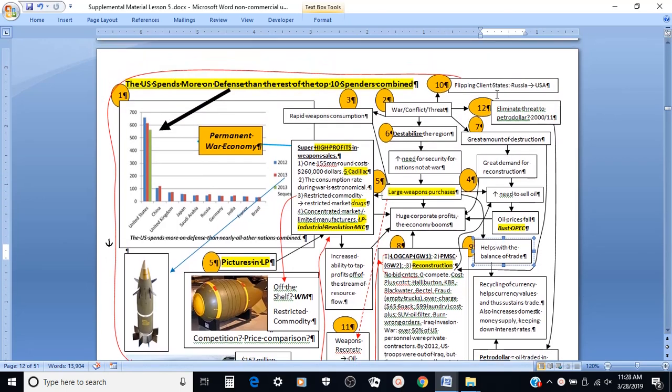Now another thing that is a benefit of war, in this case, is elimination of threat to the petrodollar. For example, in October, November of 2000, Saddam Hussein went off the petrodollar onto the euro. When we invaded Iraq, like immediately we put them back on the petrodollar.